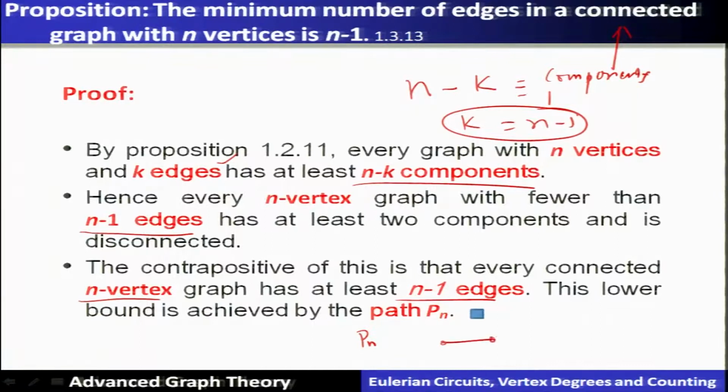We can see this is P3. How many edges are present? 1 and 2. There are 2 edges and it has 3 vertices, n is equal to 3, so the number of edges will be n minus 1, that is 3 minus 1, that is 2. So, 2 edges are present in this particular graph.